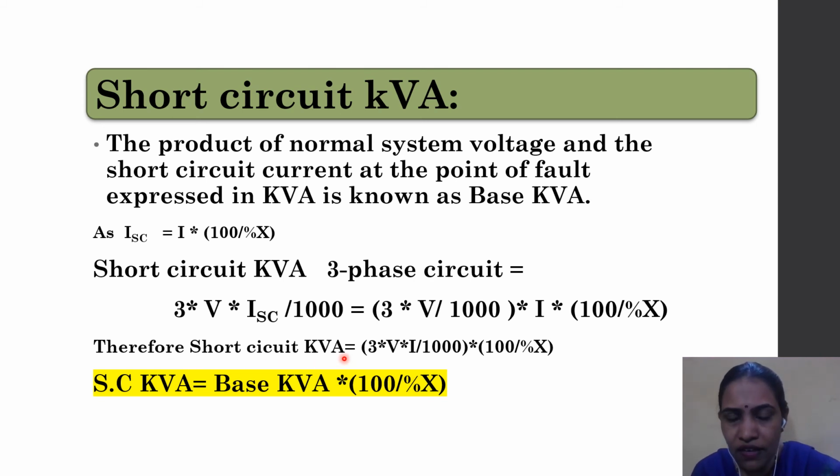Therefore, short circuit kVA is equal to 3 into V into I divided by 1000, into 100 divided by percentage X. So short circuit kVA is equal to base kVA into 100 divided by percentage X. Please note down all these things in your notebook. For calculating short circuit kVA, the base kVA rating and percentage X are going to help you.